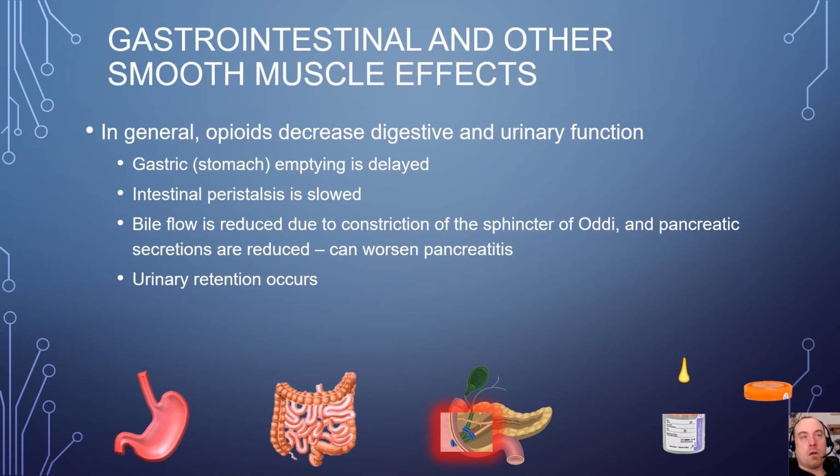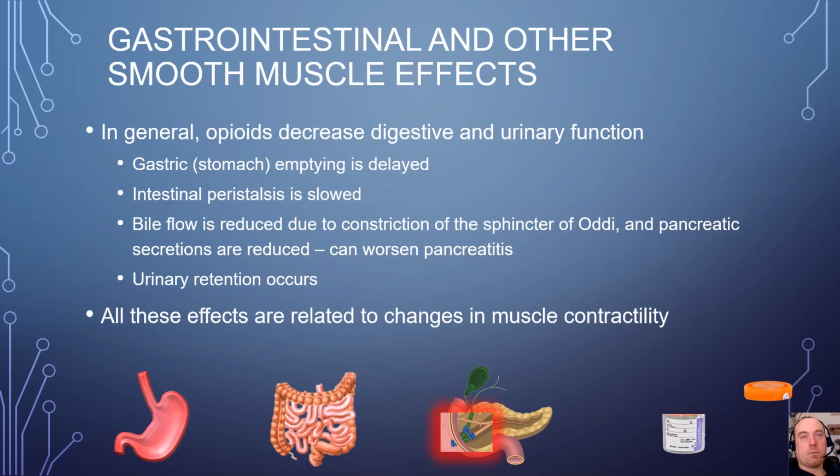So I just have there just showing very slow, a drop here and there, very slow urination or urine output. All these effects are related to muscle contractility changes or decreases, okay, whether it's at the level of a gland muscle or the smooth muscle of the entire GI tract.